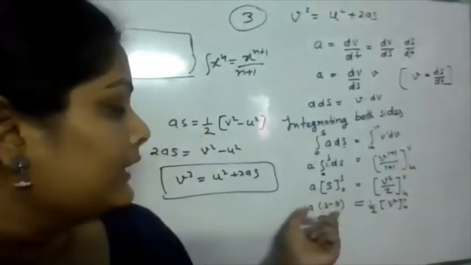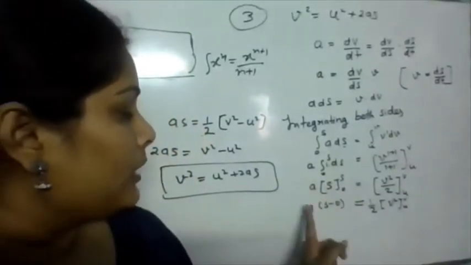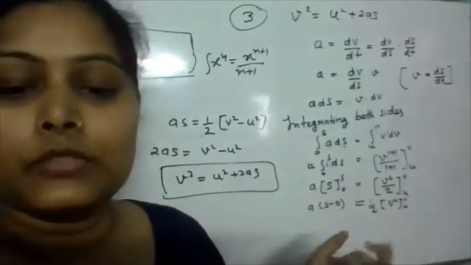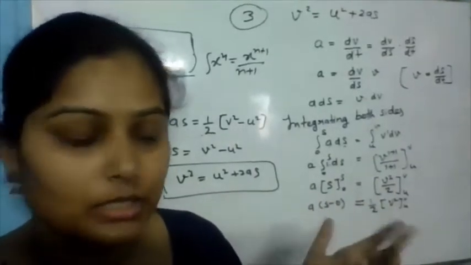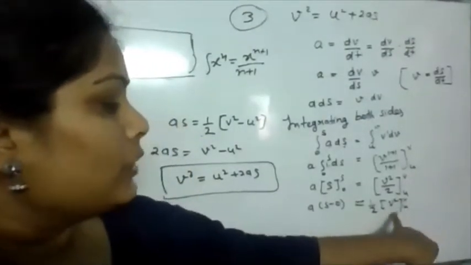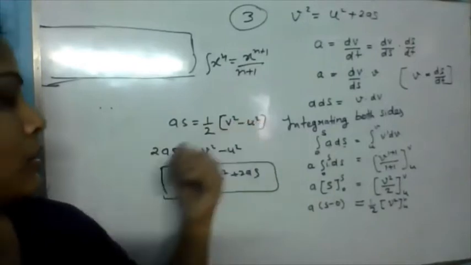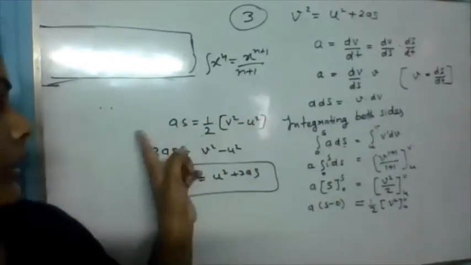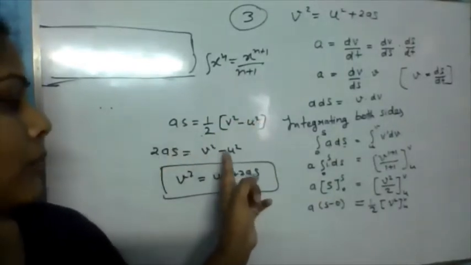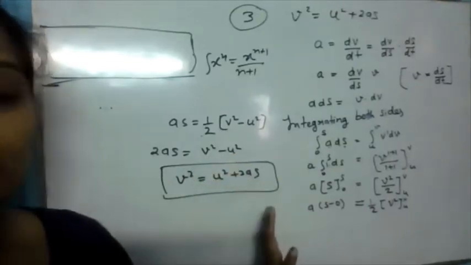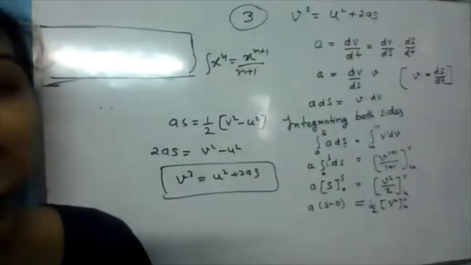Now we apply the limit, upper limit minus lower limit. a s minus 0 equals, take out 1 by 2 because we can't apply limit on the constant term, so apply the limit on v square. Here as equals 1 by 2 times v square minus u square. Just take this 2 here. So 2as equals v square minus u square. v square equals u square plus 2as. This is your third equation. Is this proof clear?